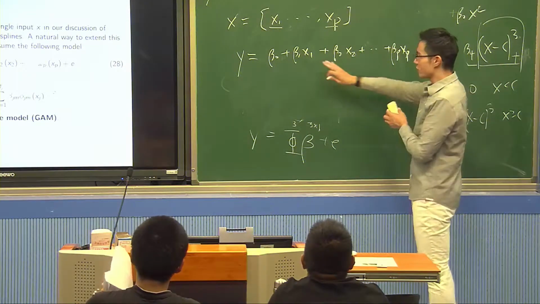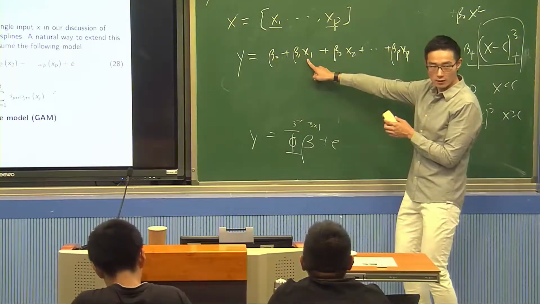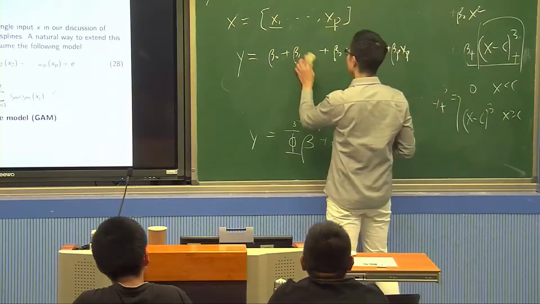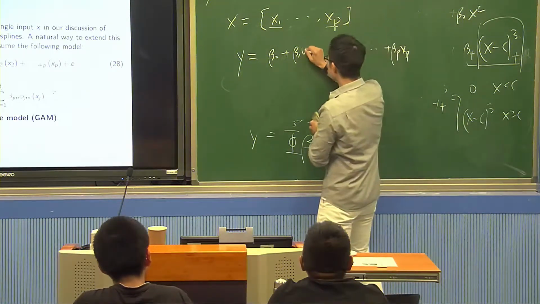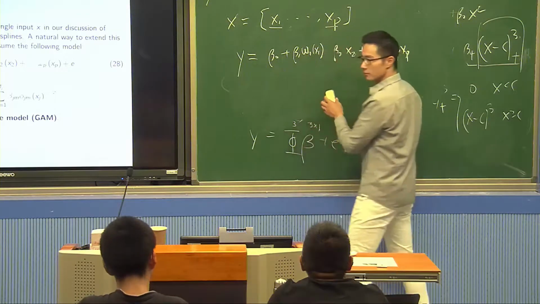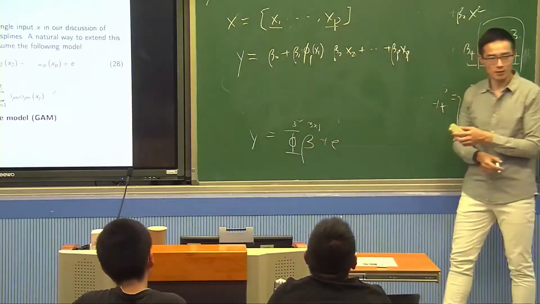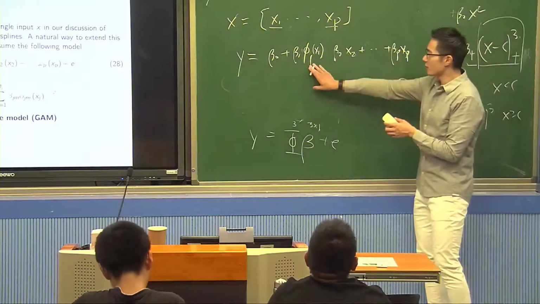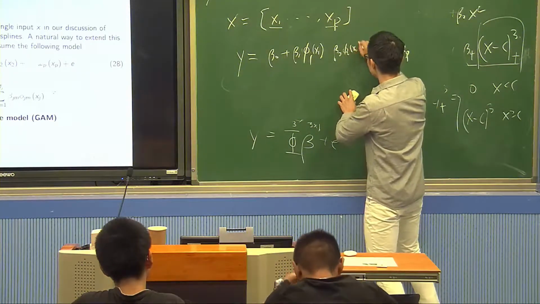So I can generalize this. Instead of beta 1 times x1, I can let this be a function of x1. Let me just use phi, which is probably more familiar to us now. I can let this be a function of x1, and I can let this be a function of x2.